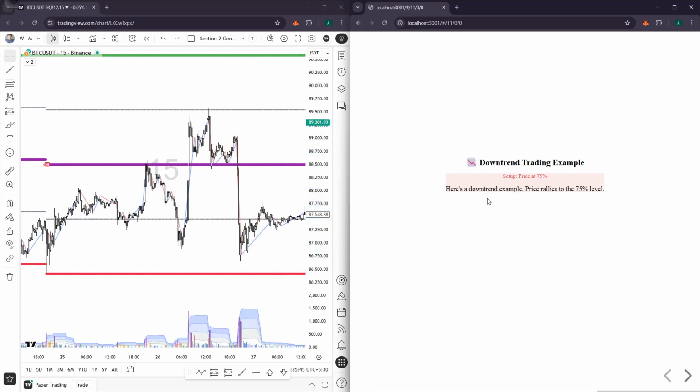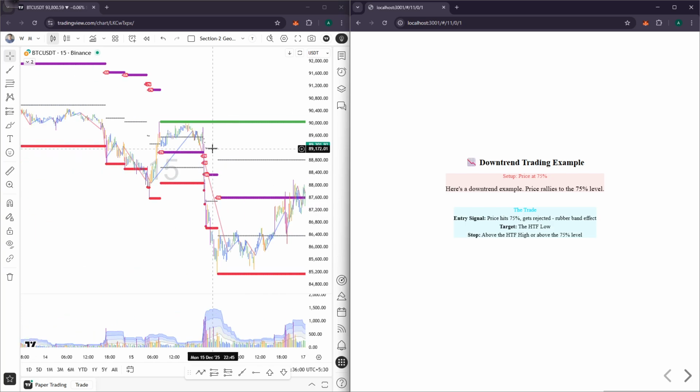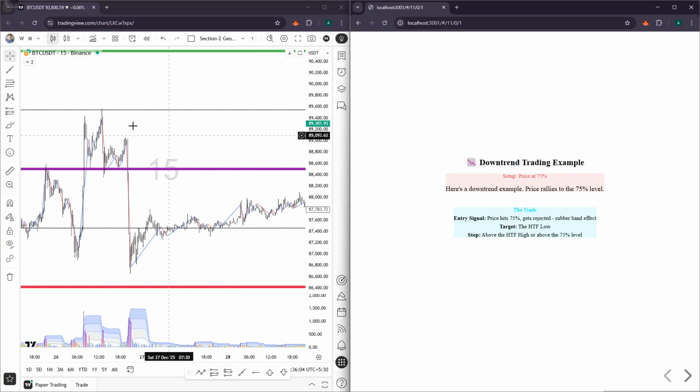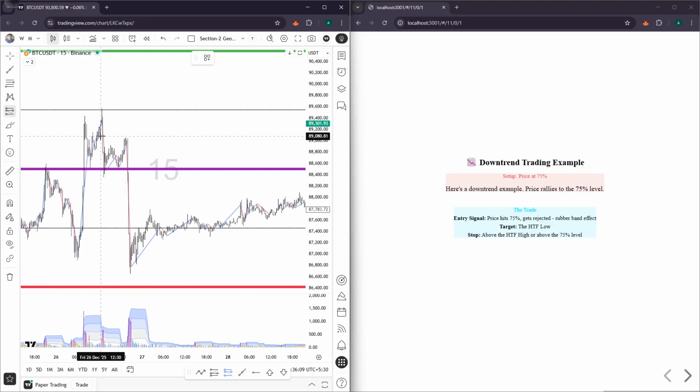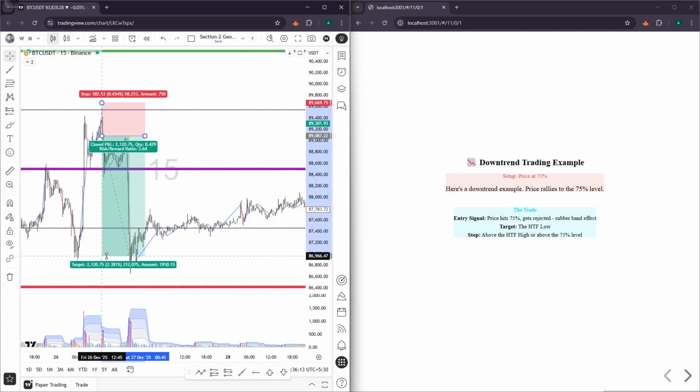You see price hits the 75% level, gets rejected, rubber band effect, the STF low is the target, and the stop is about the STF high or 75% level, which we have done. Let's just do it here. If I enter short here, put the stop loss there, and take profit around here.